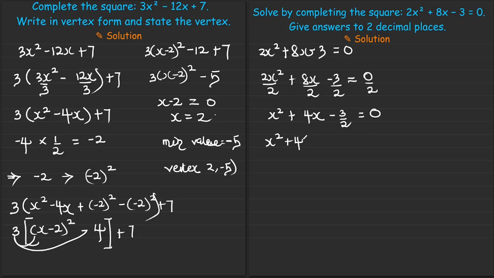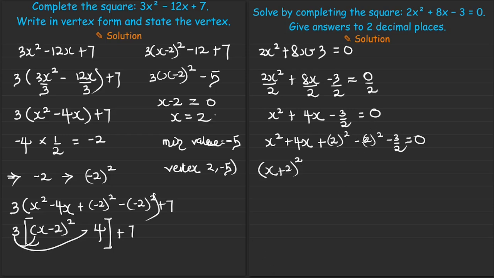So we have 4x, then plus 2 squared minus 2 squared, then minus 3 over 2 is equal to 0. The first 3 terms are factorized, so that we have x plus 2 all squared.